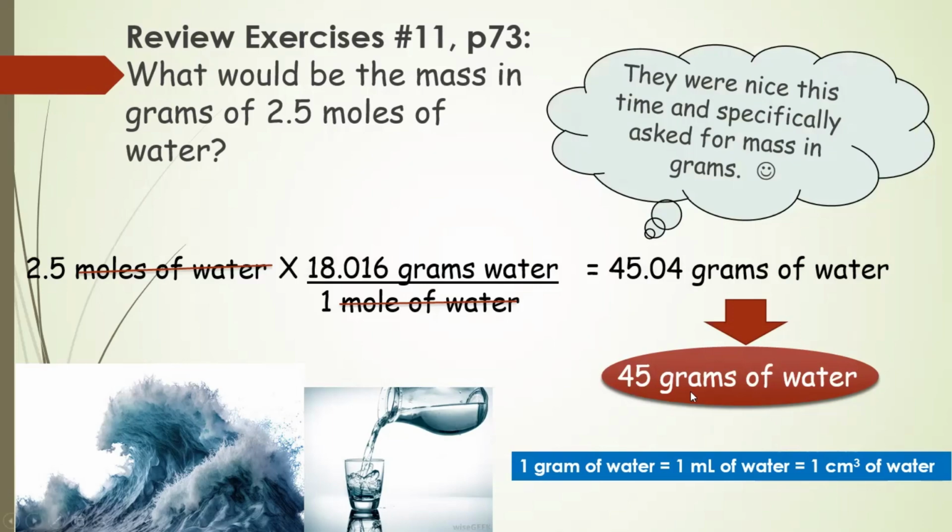So that 45 grams of water means there's 45 milliliters of water. 45 milliliters of water is a little less than, I believe, a quarter cup. So it would be more like this picture than like this one. This would be way, way more. So check mark if you guessed the little glass of water.